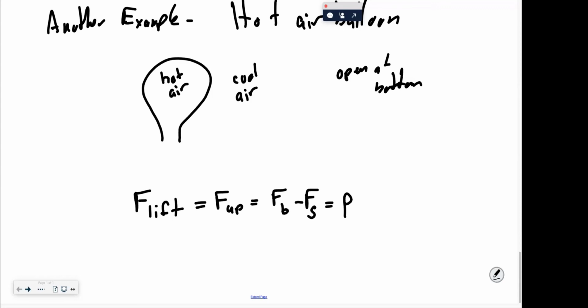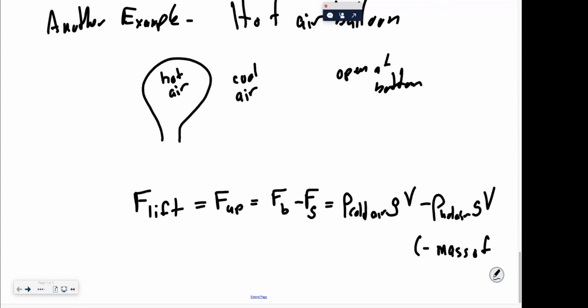So the buoyant force is going to be the displaced cold air. So the density of the cold air times g times the volume of the balloon minus the density of the hot air times g times the volume of the balloon. And then you also have to subtract the mass of the balloon and anything else that happens to be there.